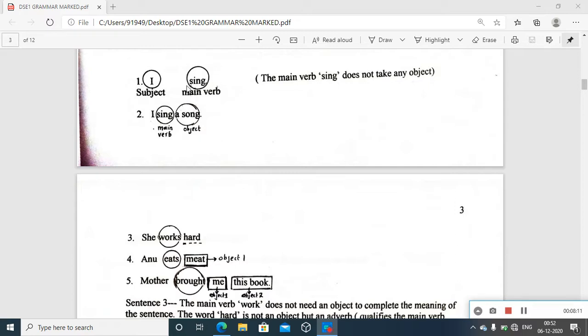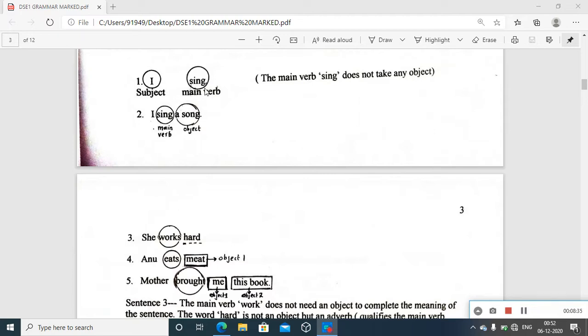And here, I sing is obviously a sentence that gives complete sense. It gives the complete idea about the action performed by the subject. So, I sing. That's perfect in itself. But what is the extra comment added here? The main verb sing does not take any object.